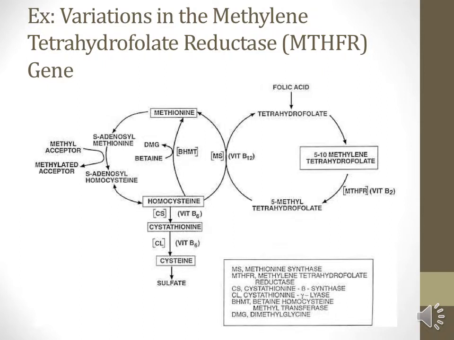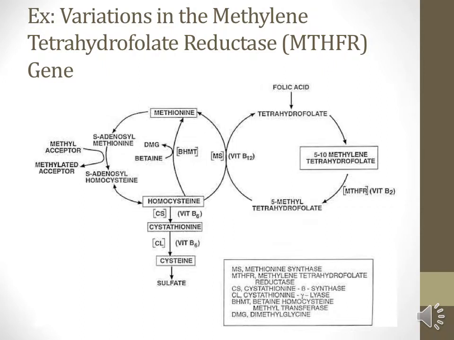But it is not an uncommon genetic variation that individuals have decreased production, their genes code for decreased production of this methylene tetrahydrofolate reductase. So when an individual has a SNP in their genetic code that creates less production of this enzyme, what happens is that they don't have enough of this enzyme to form the 5-methyl tetrahydrofolate from the folic acid.